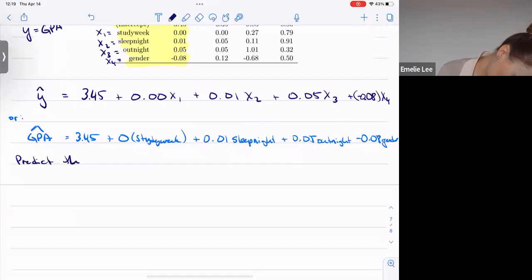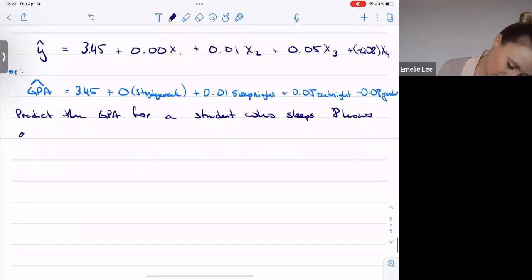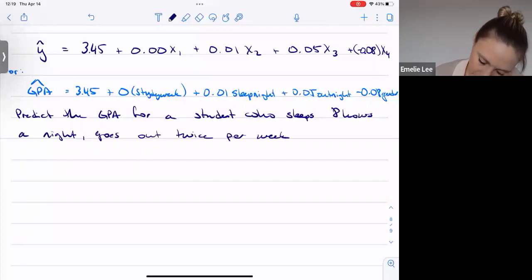Predict the GPA for a student who sleeps 8 hours a night. I know, wishful thinking, right? Goes out twice per week. And is female.